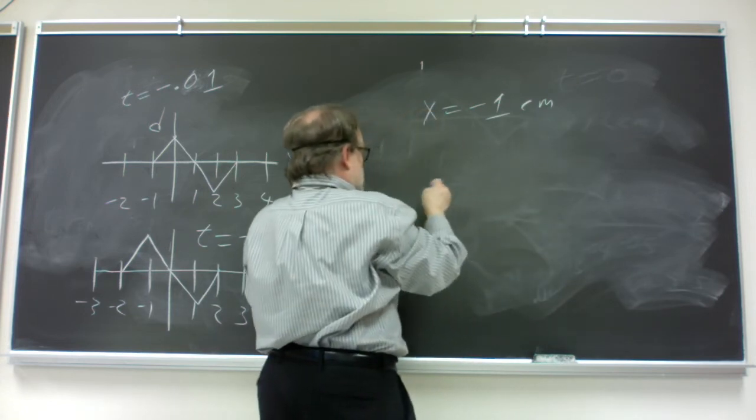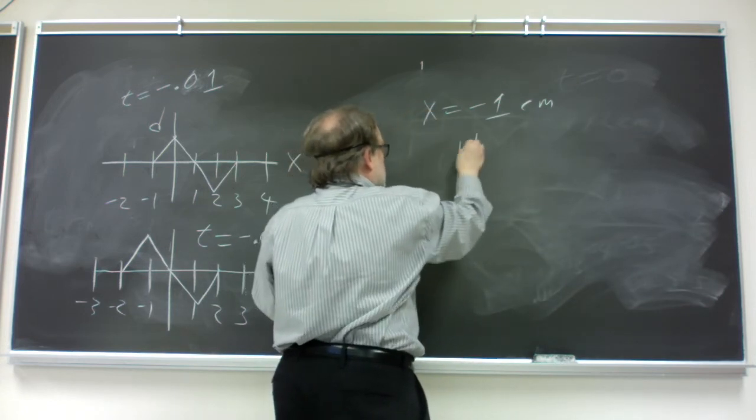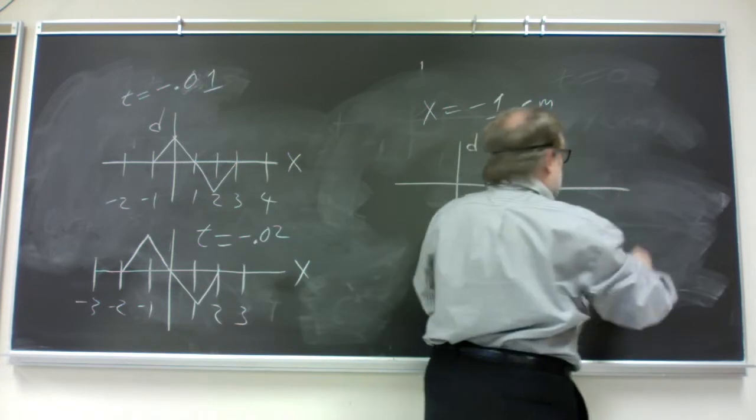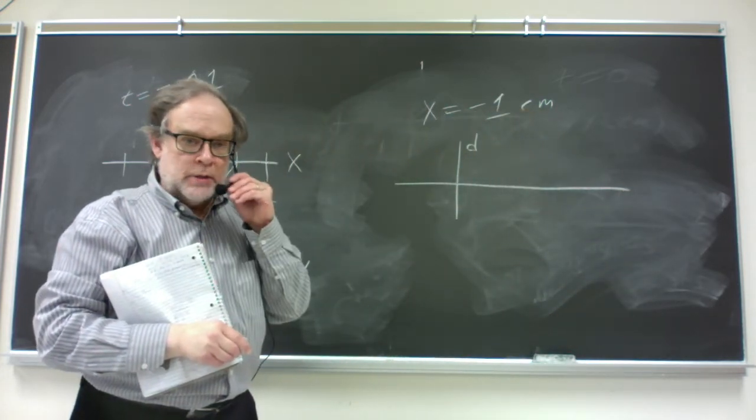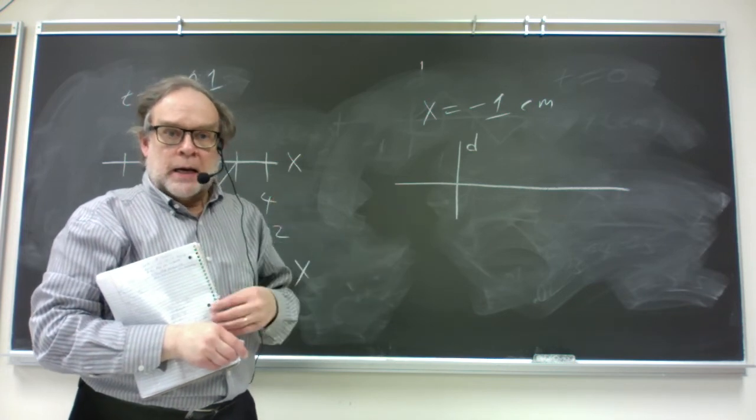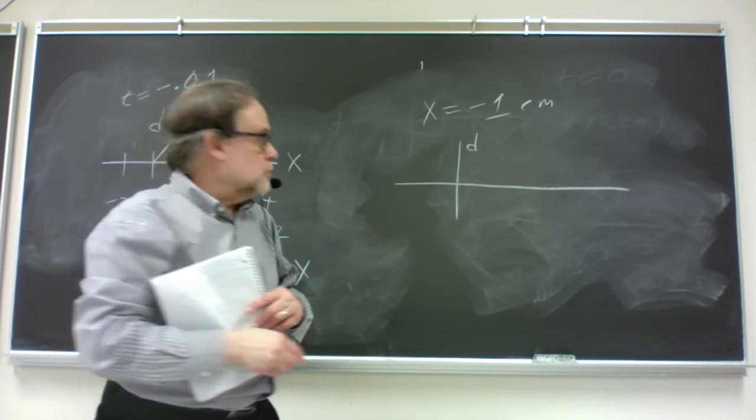X equals minus 1 centimeter, and so displacement versus time, right? The displacement of the little bit of string at the x equal minus 1 centimeter point, how that displacement changes as time goes by.